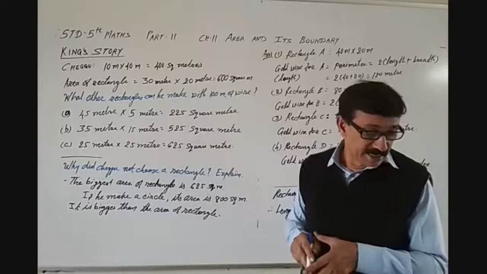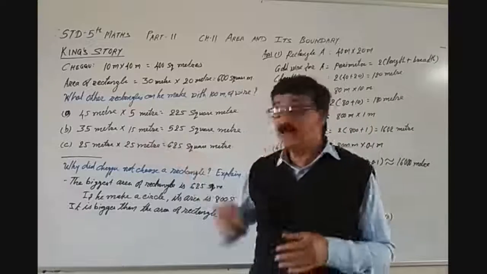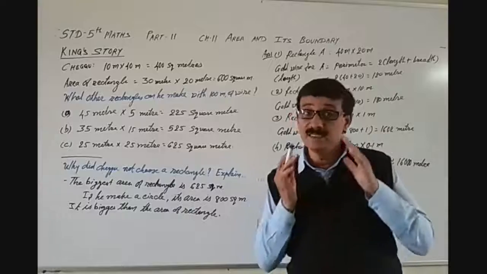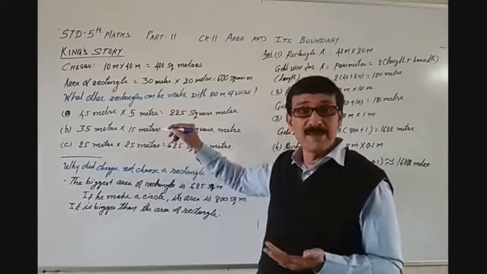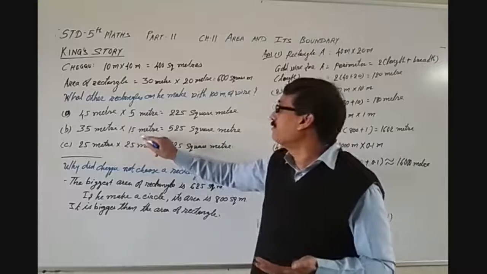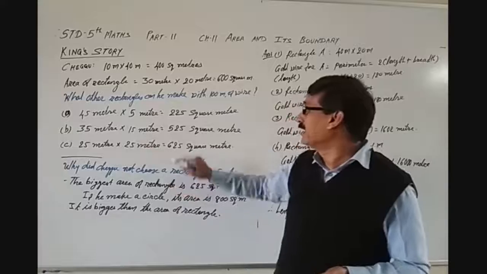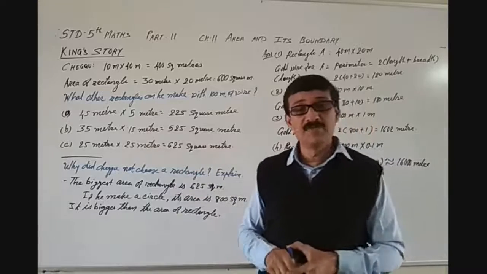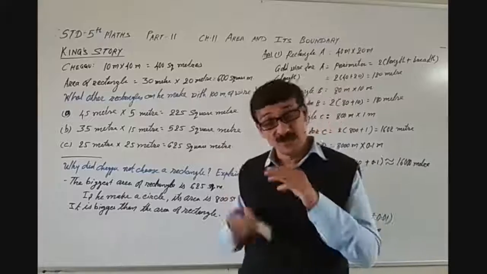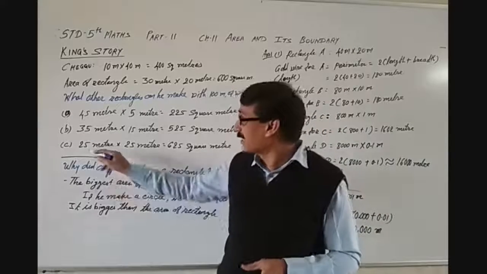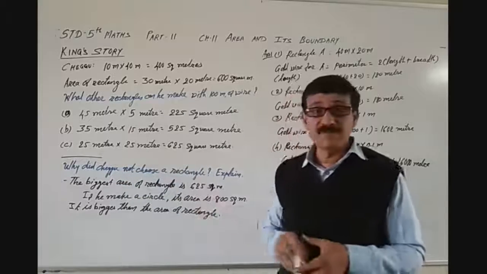Then the other rectangle, suppose rectangle B of 35 meter by 15 meter. The area of this rectangle will be length multiplied by breadth, that is 35 meter multiplied by 15 meter, which is equal to 525 square meters. And the third rectangle, rectangle C, of 25 meter by 25 meter.